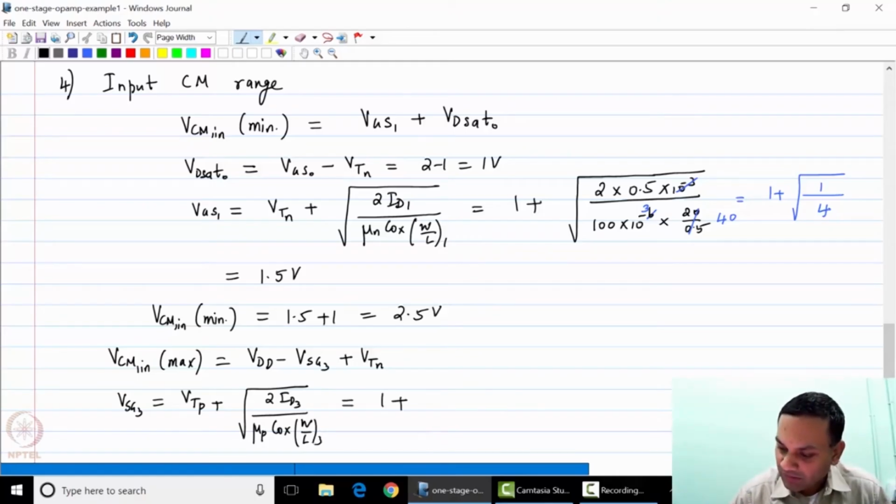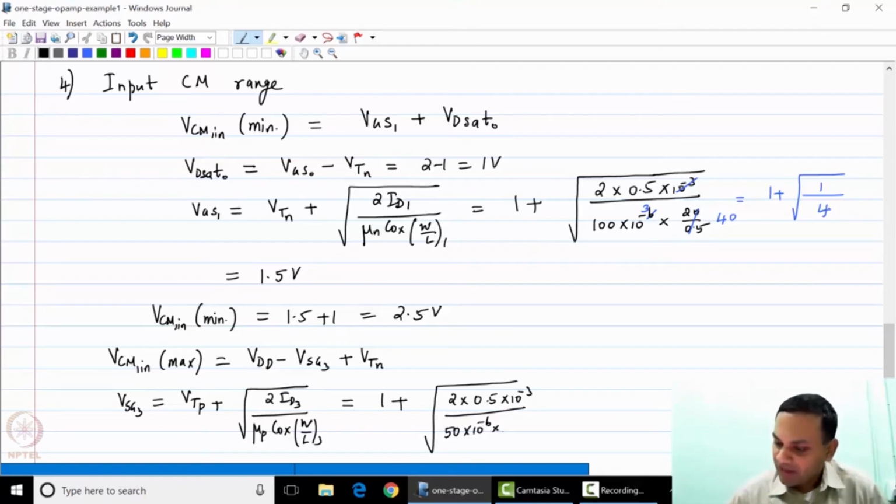So this is 1 plus root of 2 into 0.5 into 10 power minus 3 over 50 into 10 power minus 6 into 40 over 0.5, or into 80, and as it turns out this is also equal to 1.5 volts.